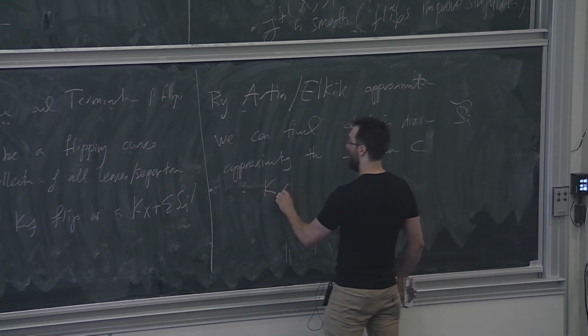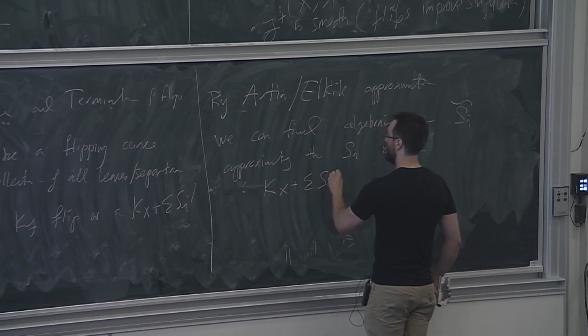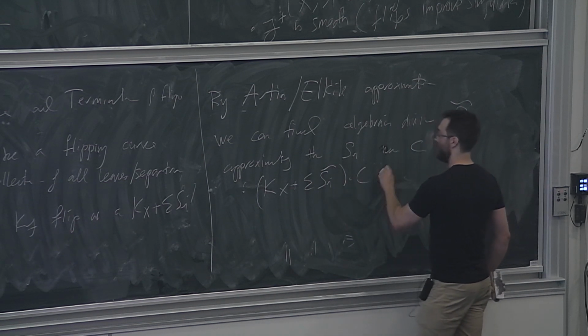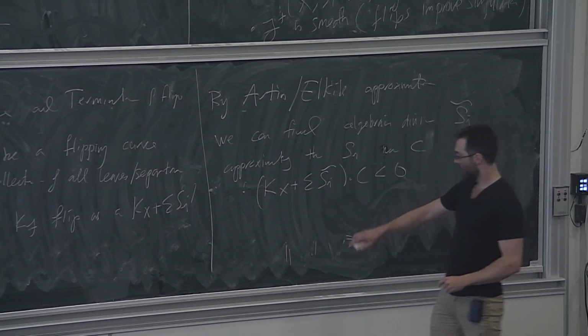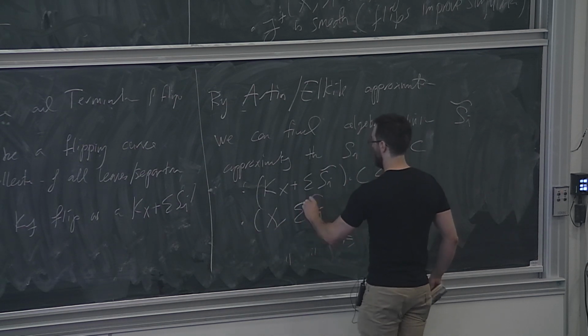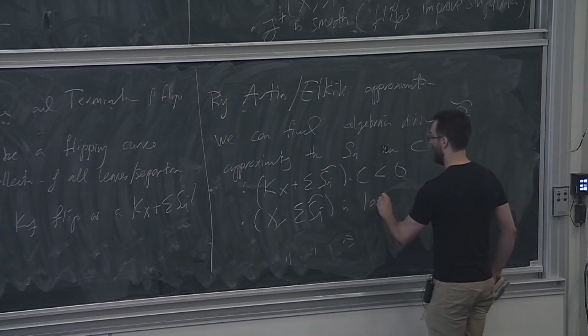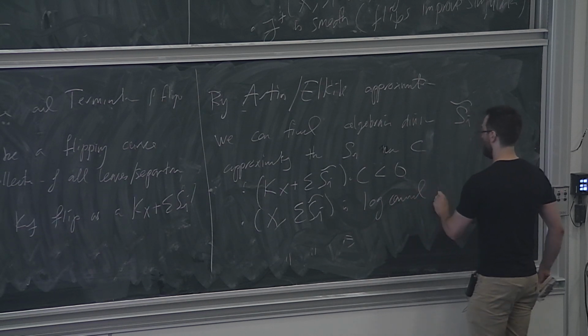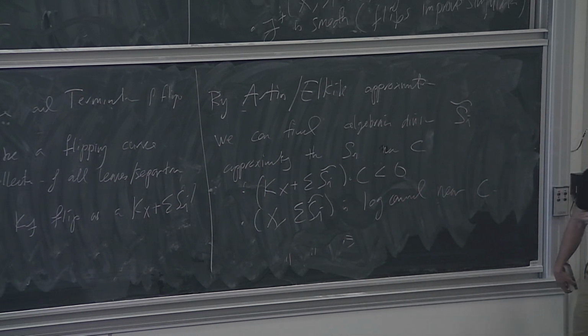We can check that K_X plus the sum of the S_i tildes dotted with C is negative. But we can also check that X and this boundary is log canonical near C.